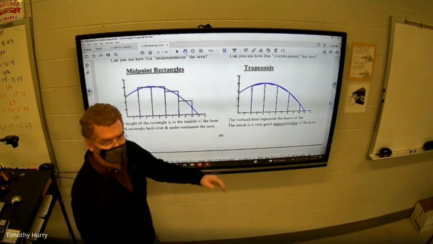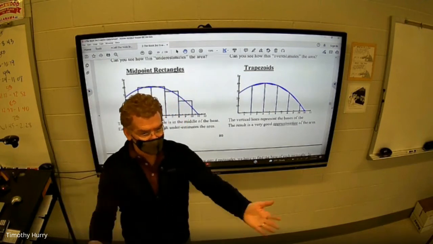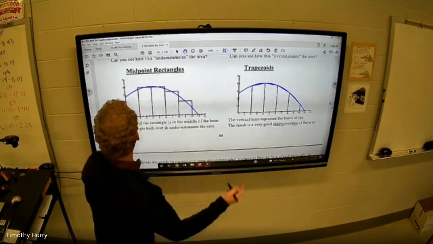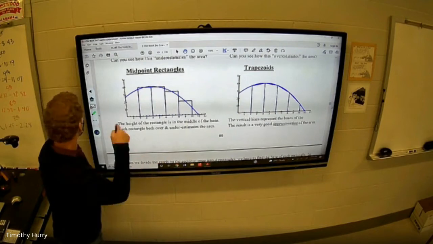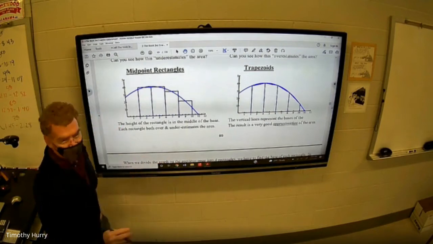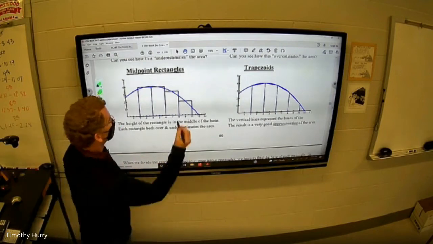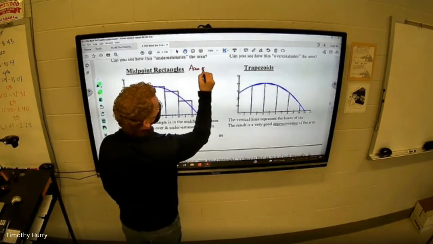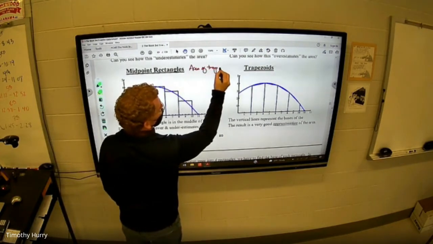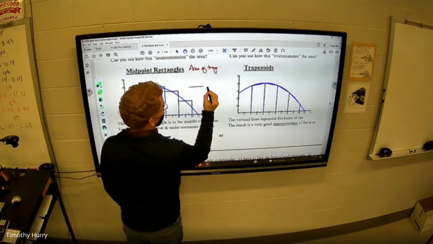But trapezoid, you got to remember the formula for a trapezoid. So here's how you learned trapezoid, and then here's how we'll do area. When you were in geometry, way back as a freshman or whatever, you learned probably that the area of a trapezoid was, and it was usually based on a picture like this, wasn't it?